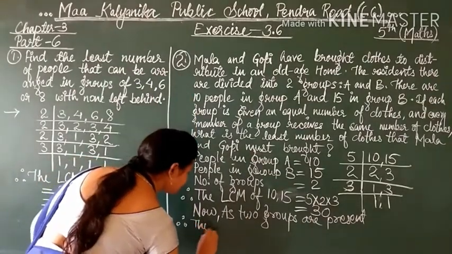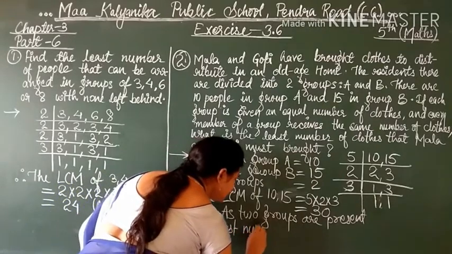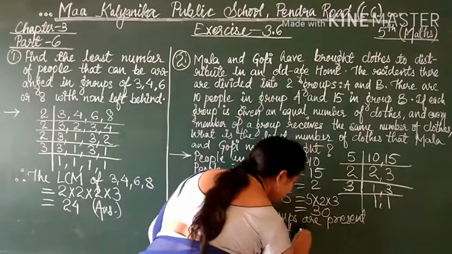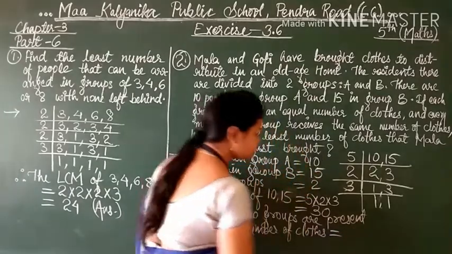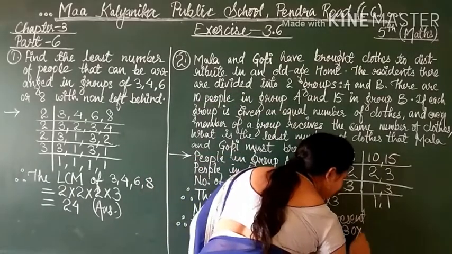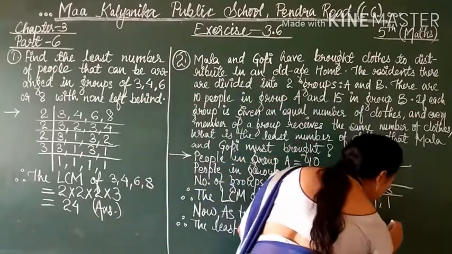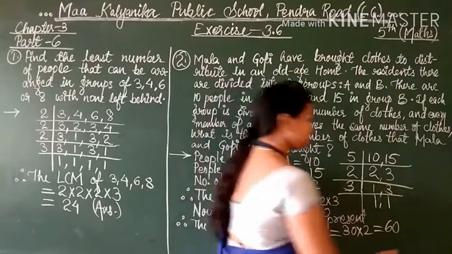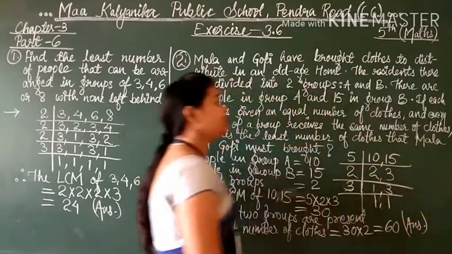Therefore the least number of clothes is equal to 30 multiplied by 2. So 2 0s are 0 and 2 3s are 6. So 60 is the answer received here.